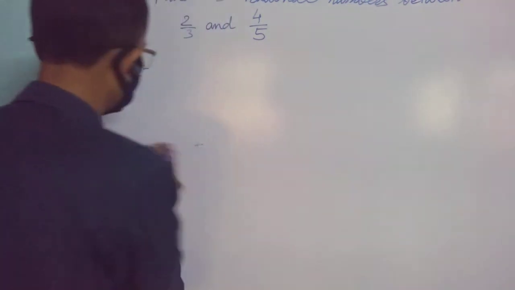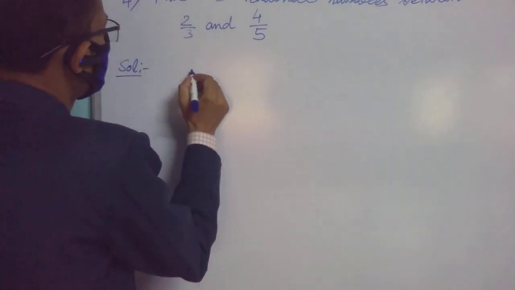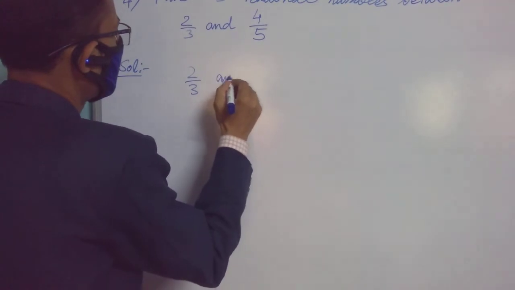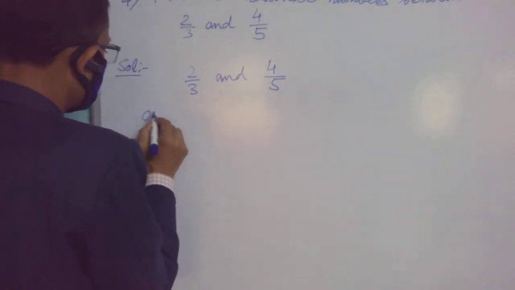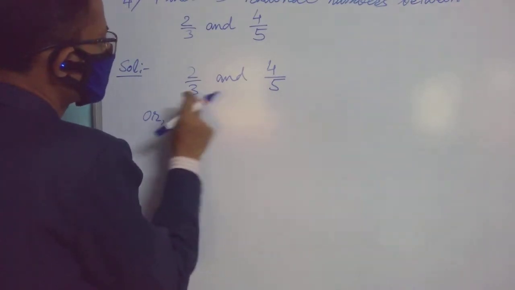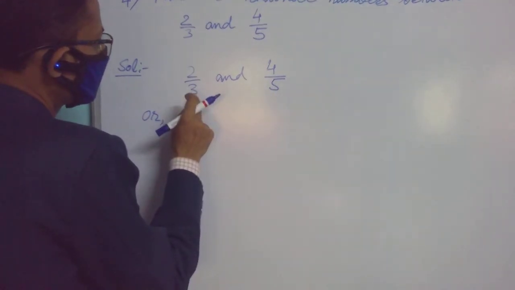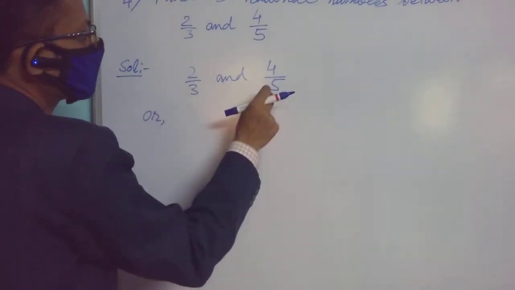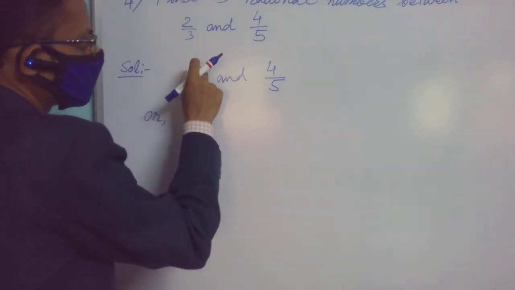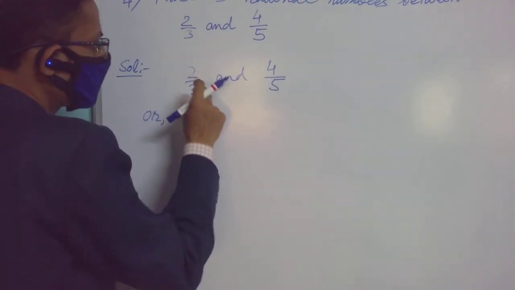Solution. So let us write 2/3 first and 4/5, now we want to make the denominators equal. So for that we will multiply this rational number by 5. Multiplying this rational number by 5 means we will multiply the numerator by 5 and the denominator by 5.